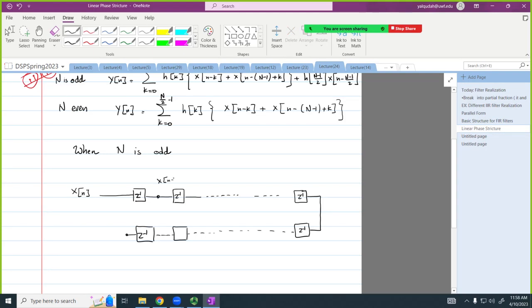This is x of n minus 1, x of n minus 2, all the way to x of n minus 3 over 2. This is x of n minus 1 over 2. And this one here is x of n minus 1.